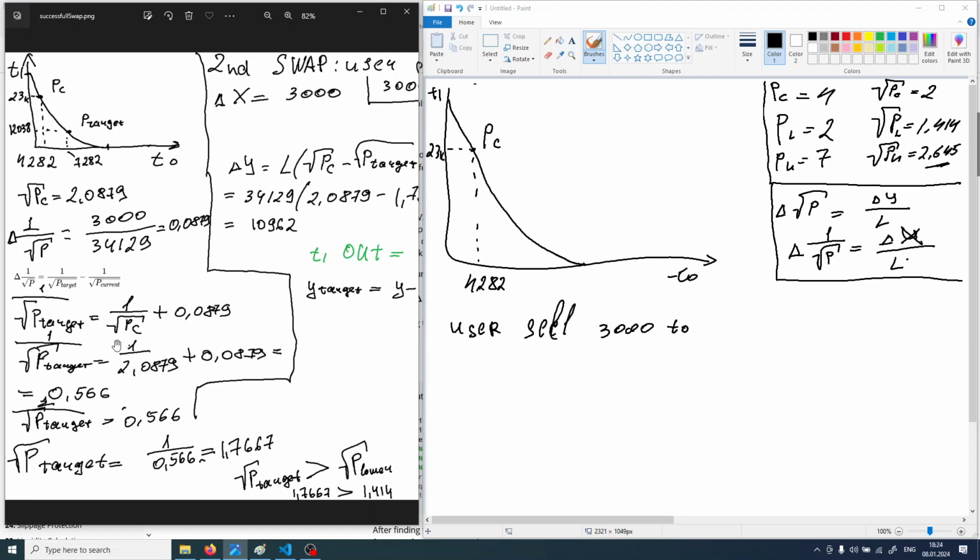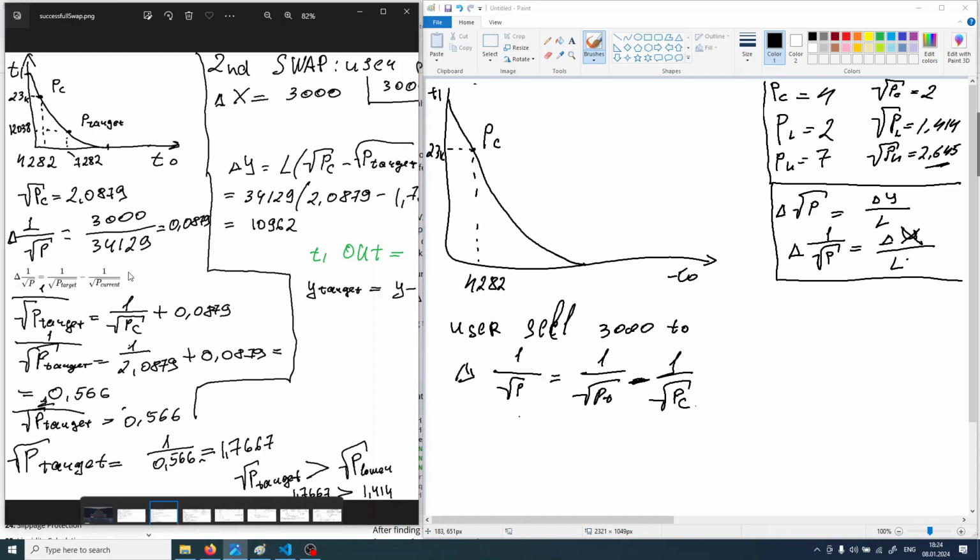You must understand that this is delta before division. So we must create this calculation to retrieve P target. All these actions we need to retrieve P target in this case and in the previous case.